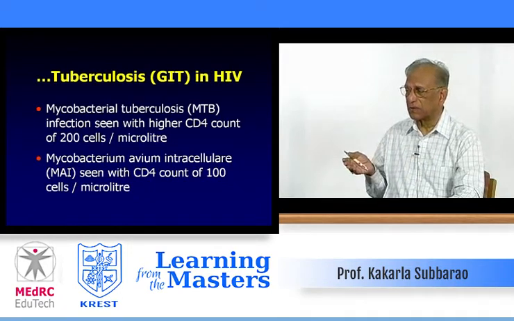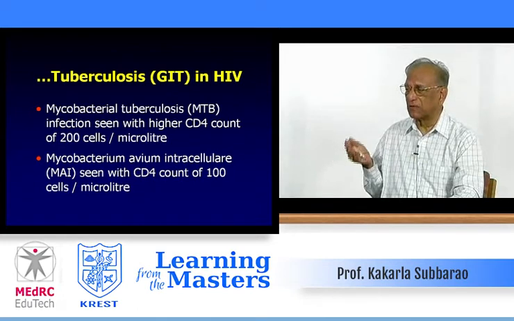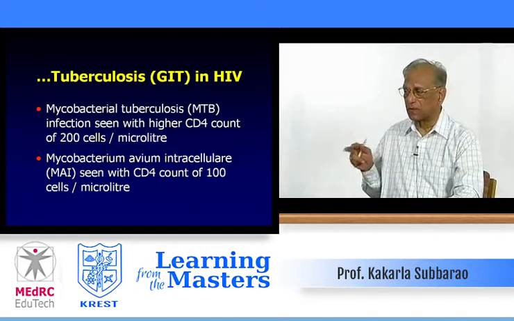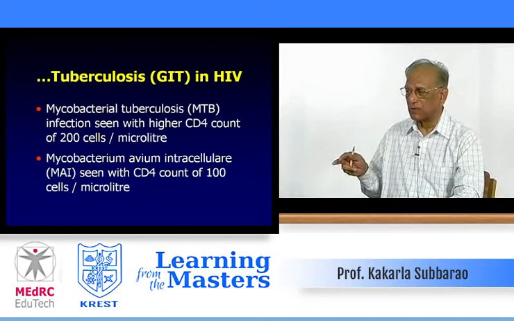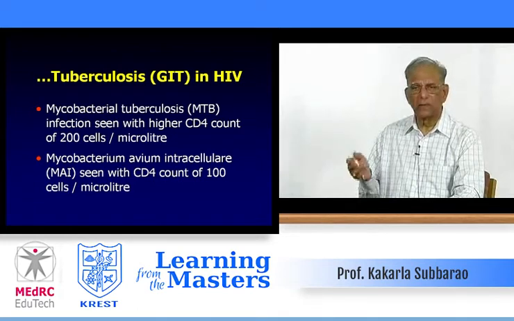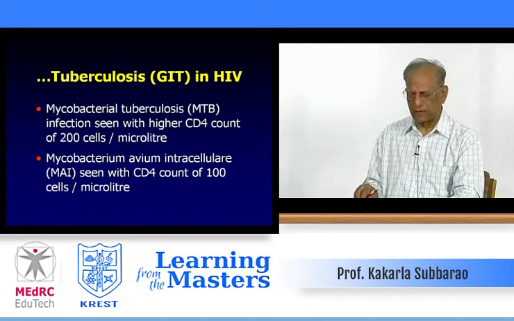Mycobacterium tuberculosis or MTB infection is seen with a higher CD4 count of 200 cells per microliter. Mycobacterium avium intracellulare is also common, seen with CD4 count of 100 cells per microliter. That's how clinically or laboratory-wise you differentiate.